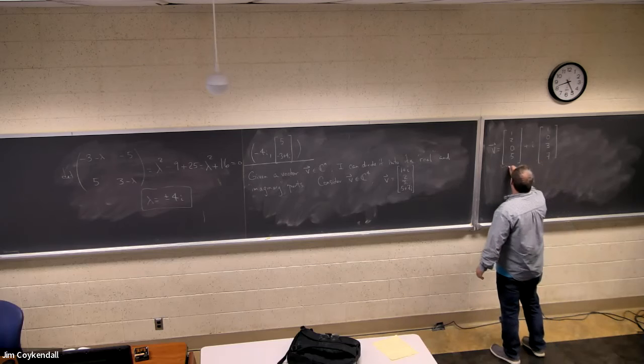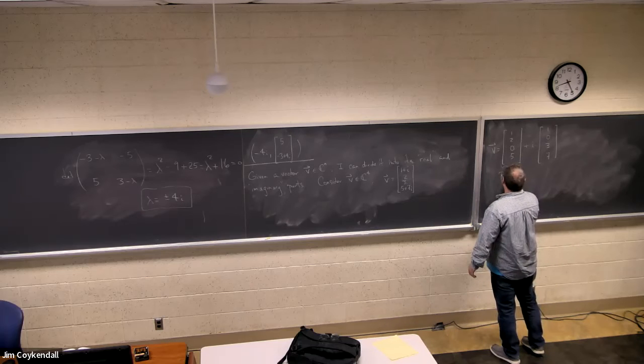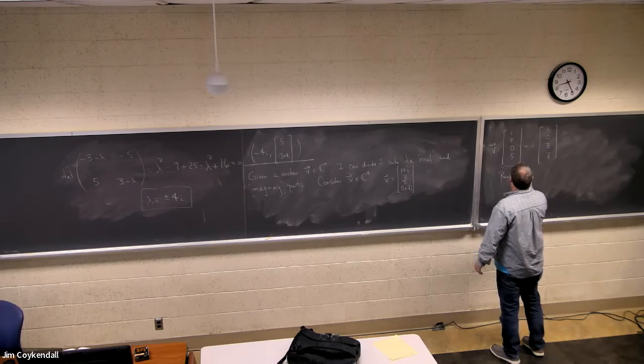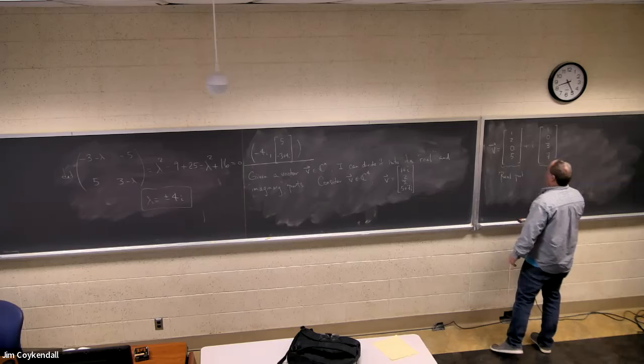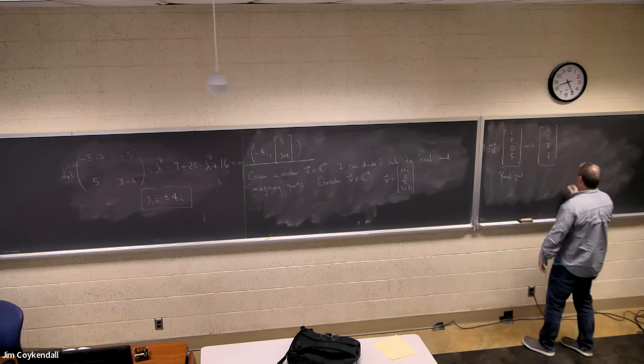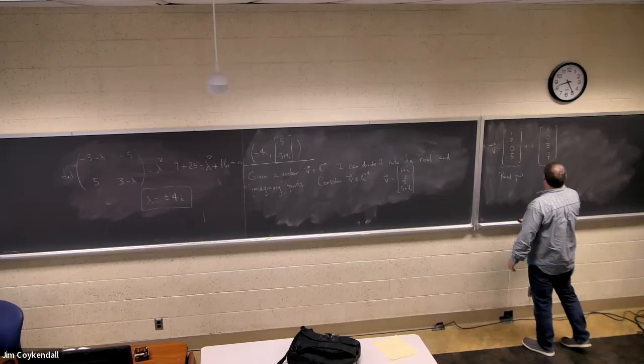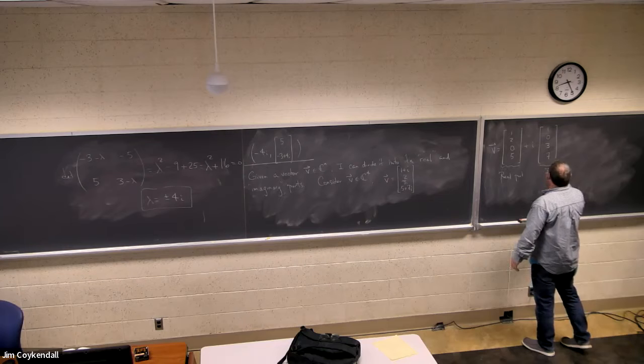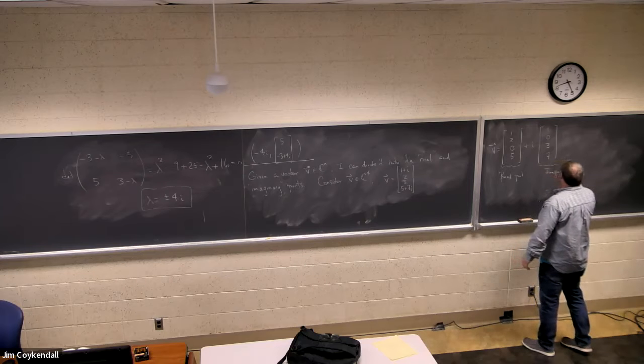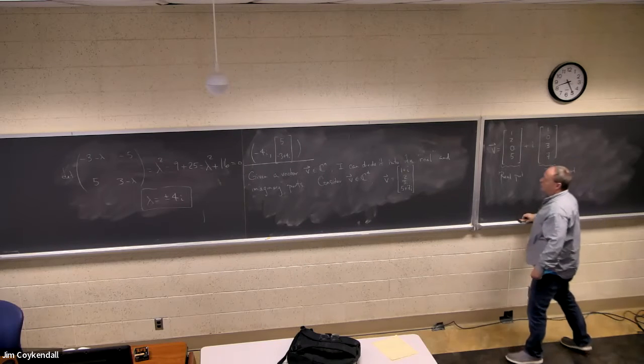And this bit right here is called the real part. And this part here, even though it's real, is called the imaginary part. And sometimes we write it this way.